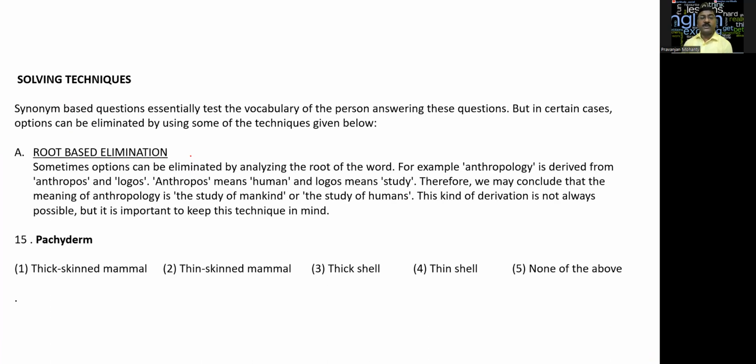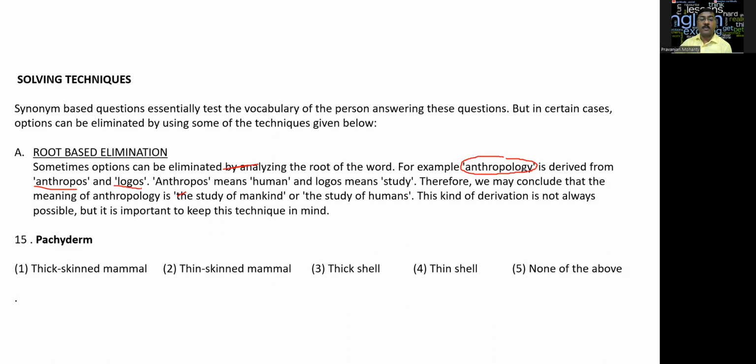Okay. So this is another one, that is root-based elimination. Now, to make you understand, I have taken this word. Say, for example, anthropology. This is a common word which you are all aware of. It is derived from the words anthropos and logos.